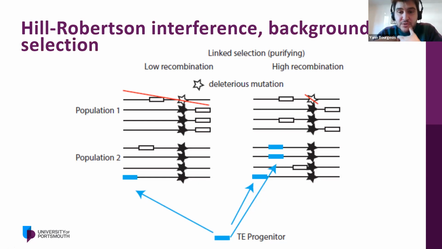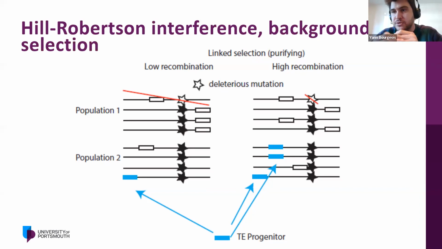So what you expect also is that in these regions, you will observe a trend where allele frequencies tend to be biased, so you will have a lot of stochasticity due to higher genetic drift.